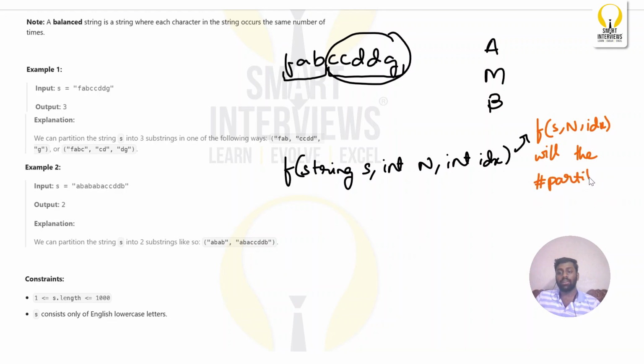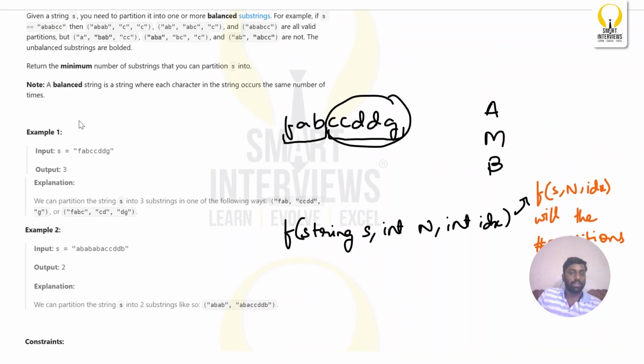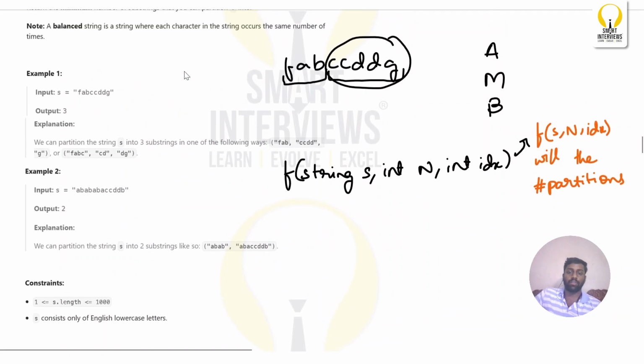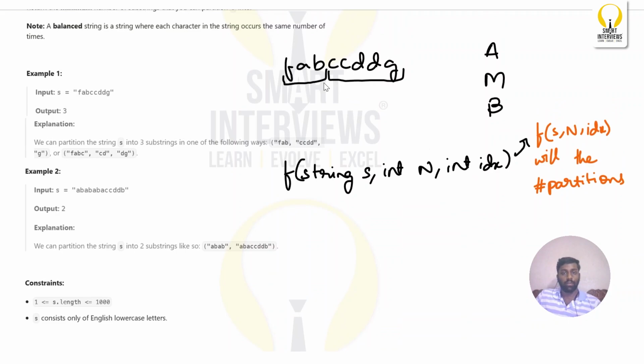But do we simply need only the number of partitions? We need the minimum number of substring partitions that can be made. That is, if you assume for the given example itself, we need not find if we can make it into partitions or how many partitions we can make. We are asked to find the minimum number of partitions. So, as discussed, you can make a partition at FAB, or you can also make a partition at FABC.